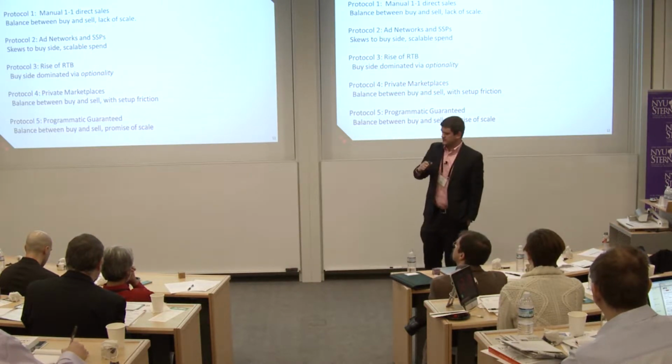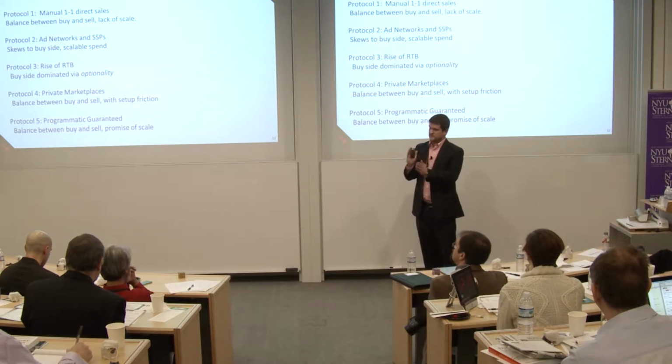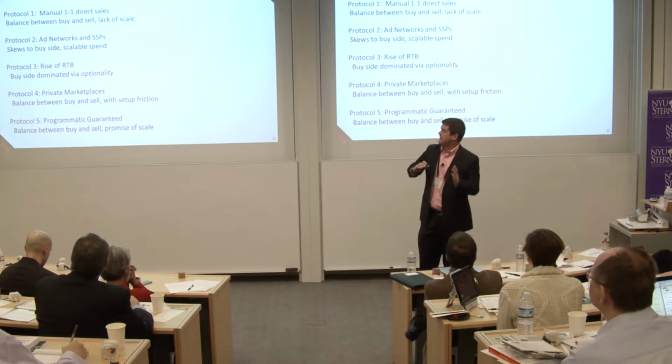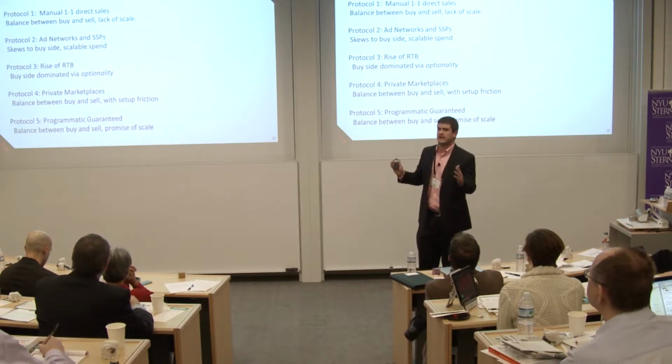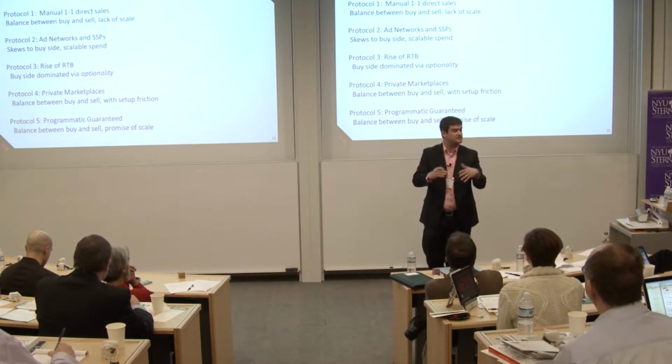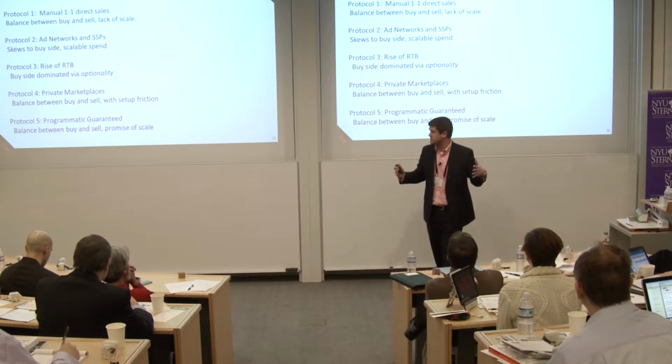What happened is essentially having those one-to-one conversations is rather expensive. So there came to be some aggregators in the space. SSPs, or supply-side platforms, would aggregate a lot of supply and create these economies of scale to go to one place to get access to many, many impressions.